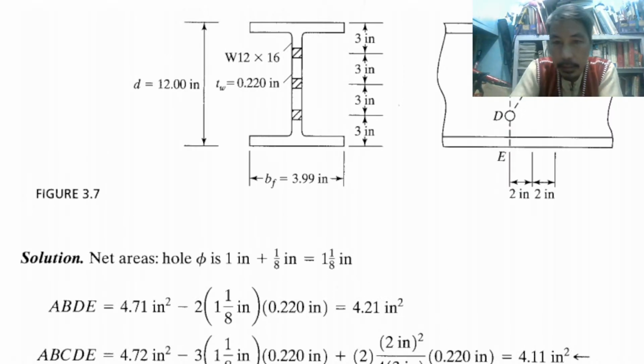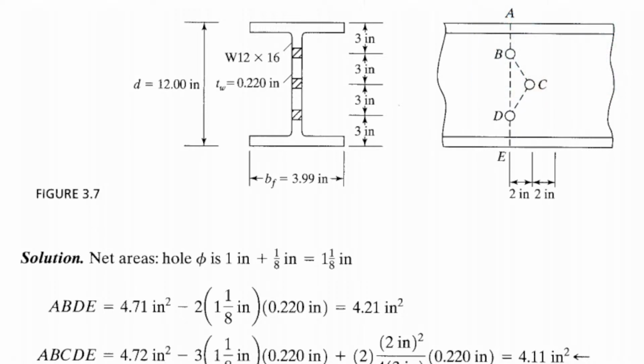There are only two paths wherein we can expect some degree of risk for element failure. That is path A, B, D, E. And another one is A, B, C, D, E. Those are the two possibilities.